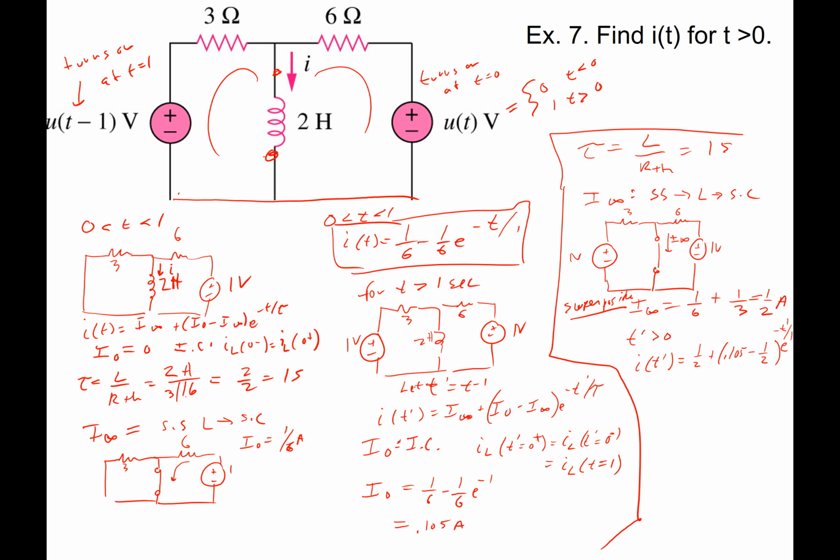So now we want to actually put this back into I of t, which means I of t is going to equal 1/2 plus 0.105, and this is going to be, I put an arrow here, e to the minus t minus 1 over 1.